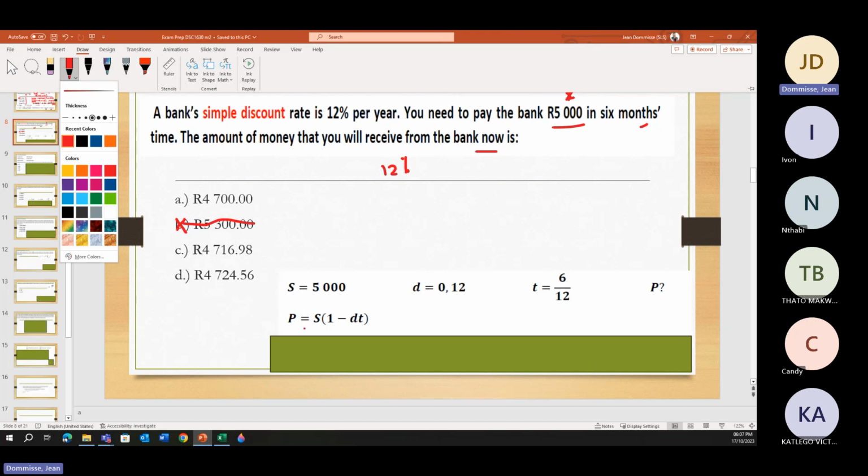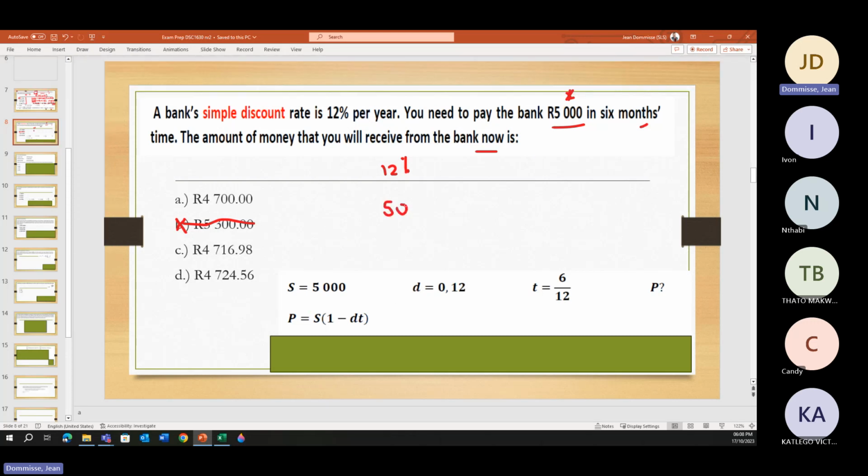Okay, so we've got the formula P is equal to S(1 - dt). So we know that S is 5,000, because they say that is what you need to pay back in 6 months' time. Then they tell us the discount rate is 12%.